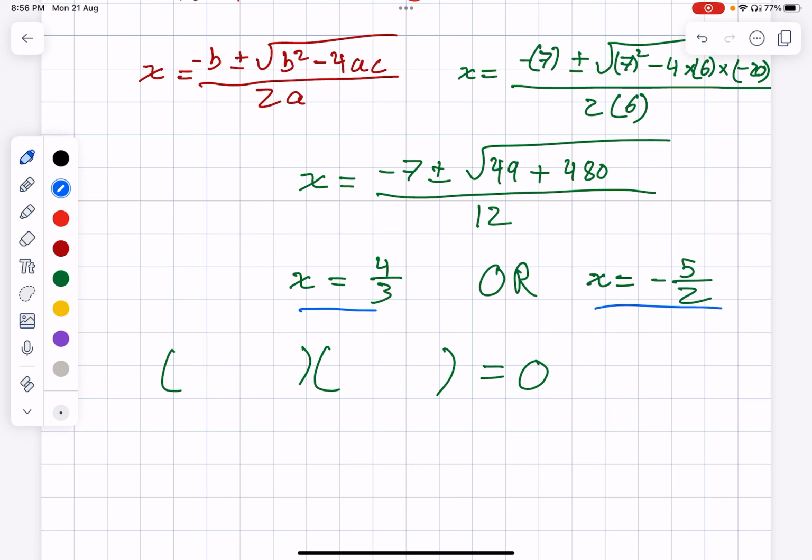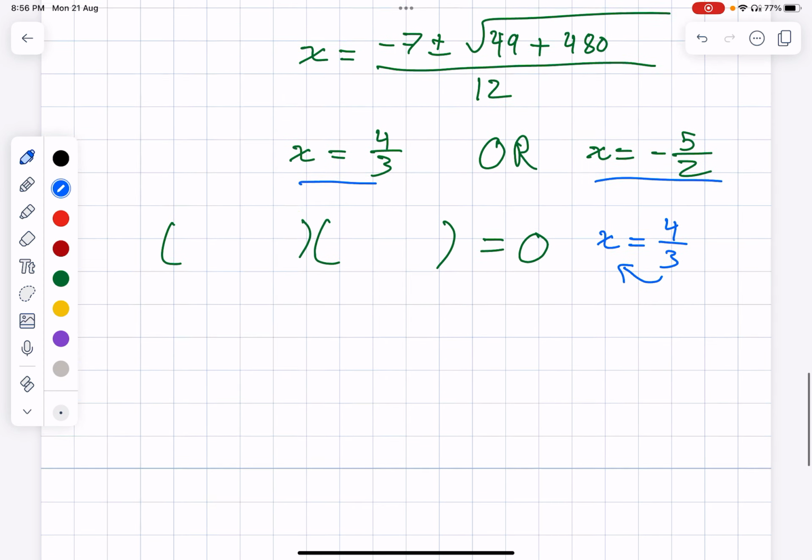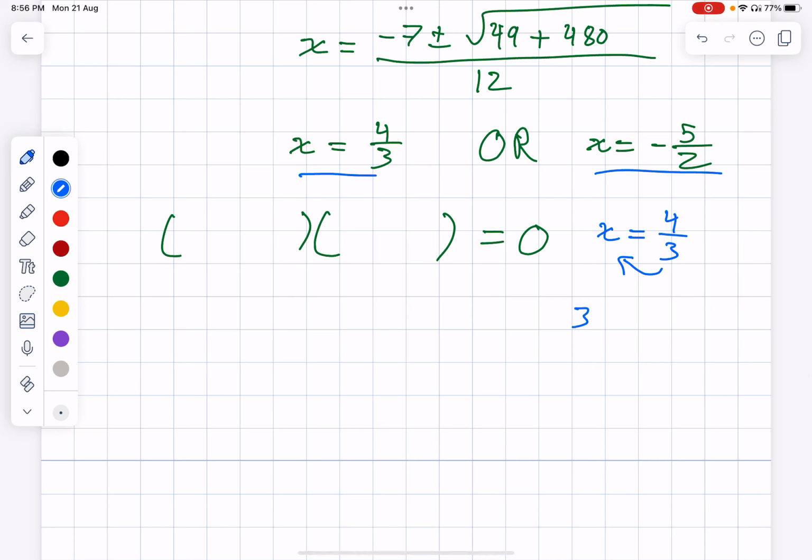For example, x equal 4 over 3, you switch the 3 here, it's going to be 3x equal 4. The point of this switching is that you want to make a side where there is 0. So in this case, 3x minus 4 is equal to 0.